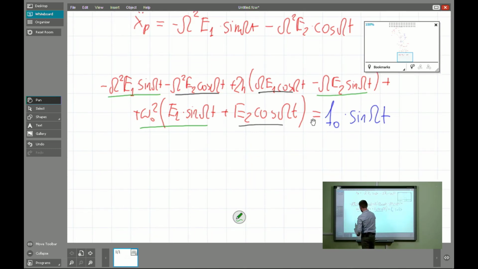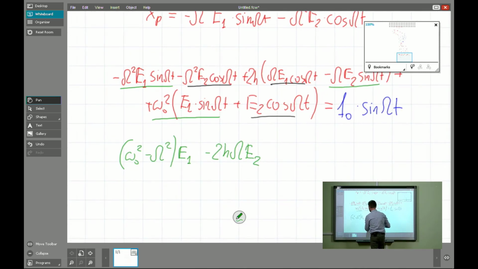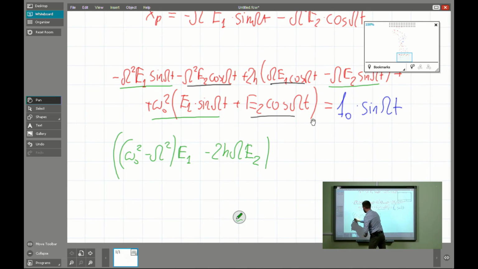Here we have omega 0 square minus capital Omega square times E1 minus, as a contribution of that part, minus 2h omega E2, and it will be the sine component, sine omega t, plus almost the same thing.